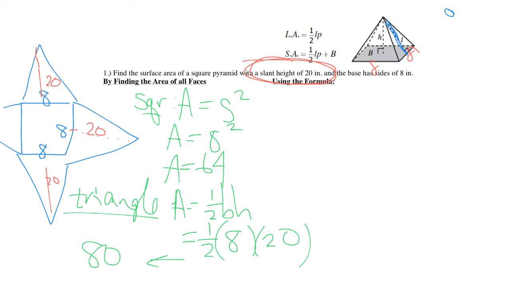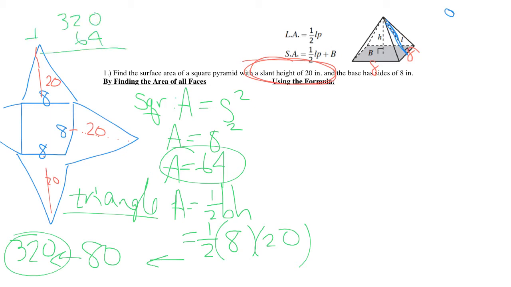Then don't forget we have 4 of them, so times 4, and our total is 320 for all 4 triangles. So we need to add up 64 and 320, and we get 384 square inches.